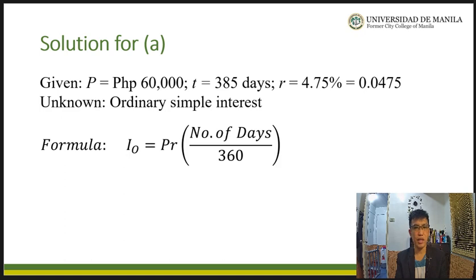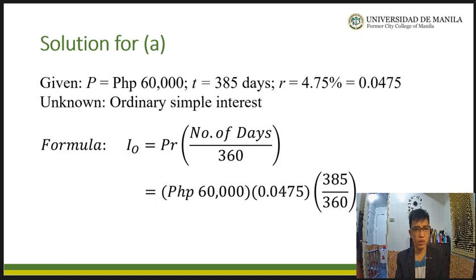Okay, by plugging in all the given values and then using your calculators, we know that the ordinary interest is 3,047.92 pesos.